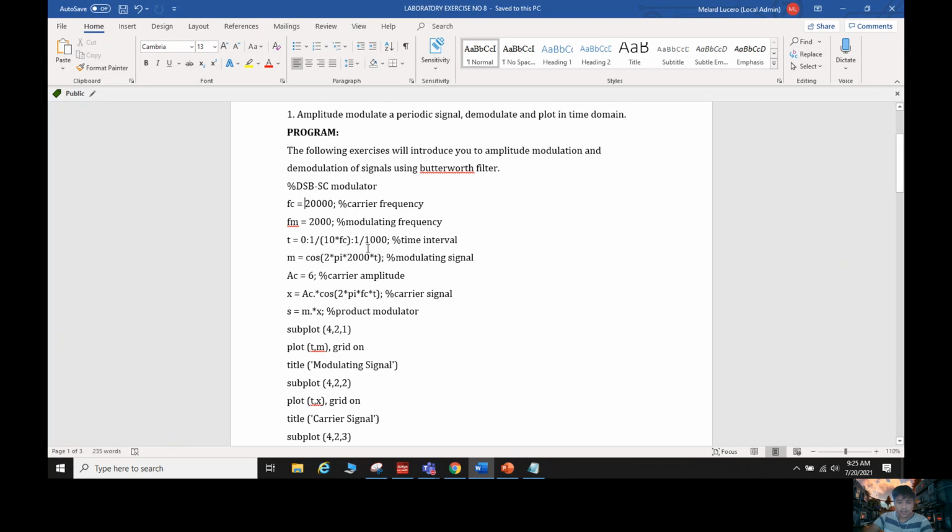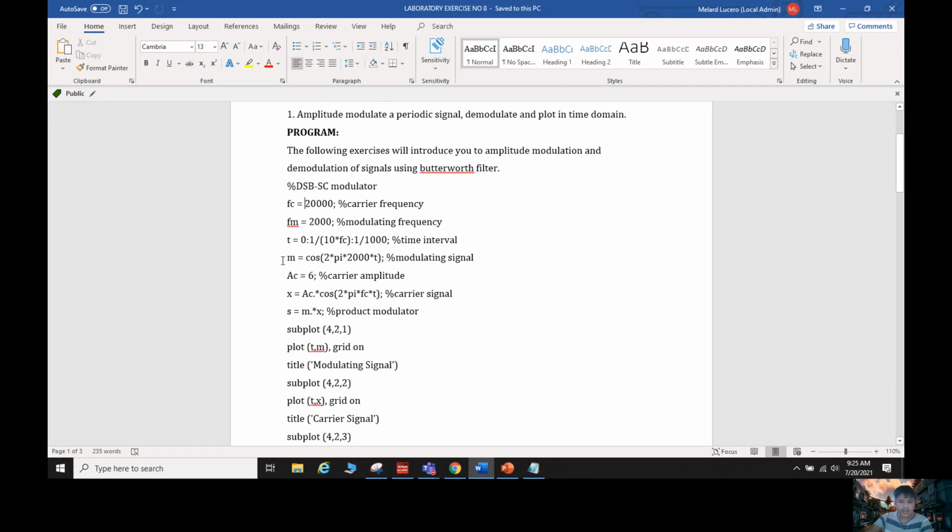This simply shows the time interval, starting at 0 and ending at 1 over 1,000, or 0.001. So the resolution here is 1 over 10 multiplied by FC.